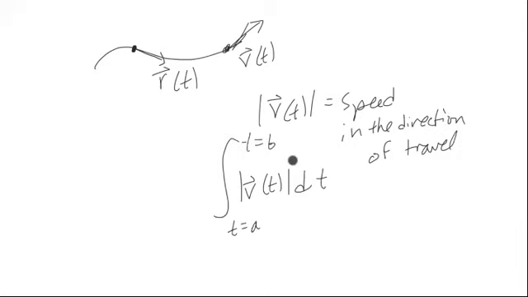For instance, what if we had the function r of t equal to, let's do 2t, and I'll use this notation, 2t, negative cosine t, and sine t.